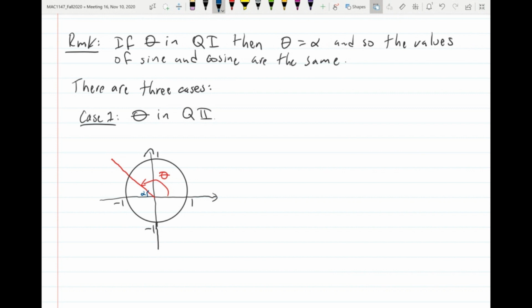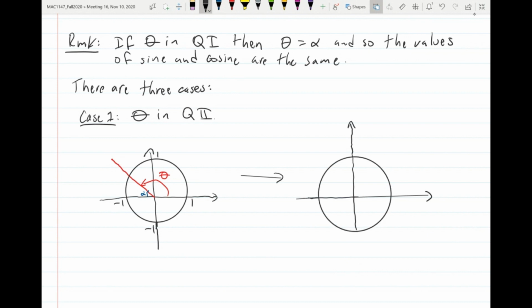So if this is alpha, then I'm going to draw another picture with alpha over here. Circle, and then we have alpha. So this right here is our alpha.